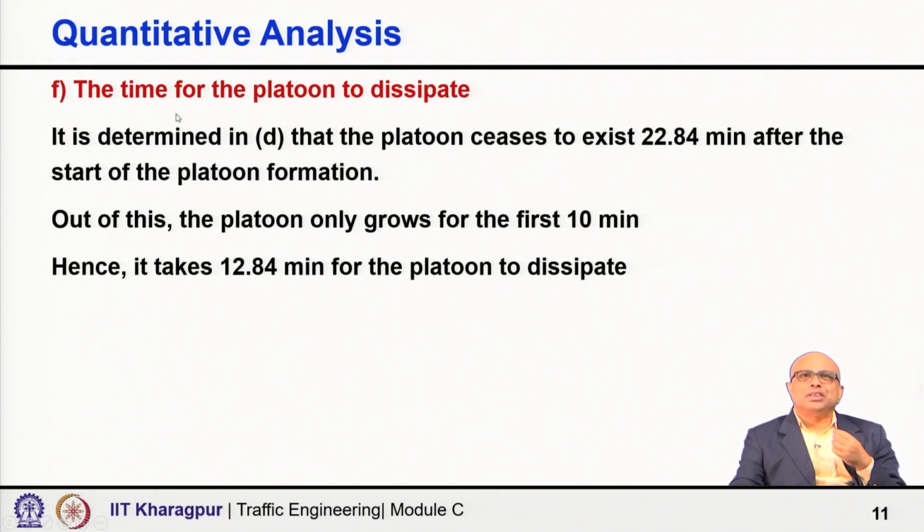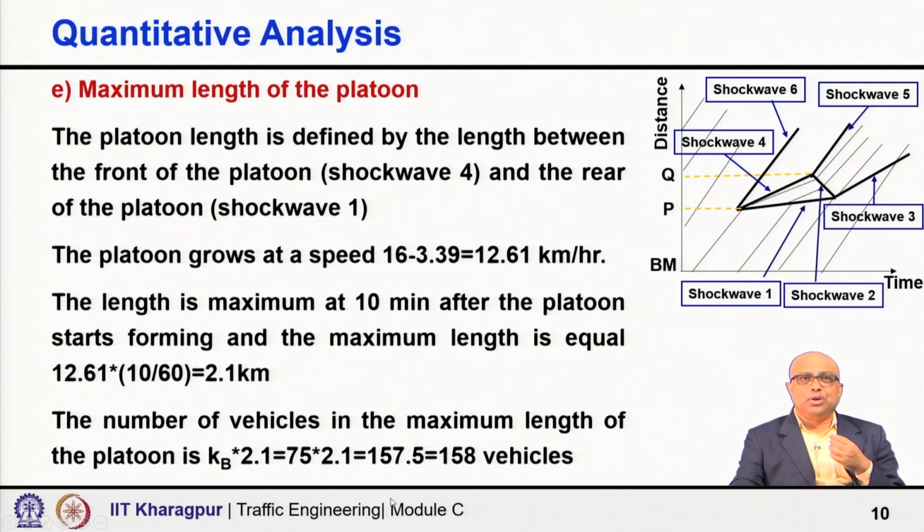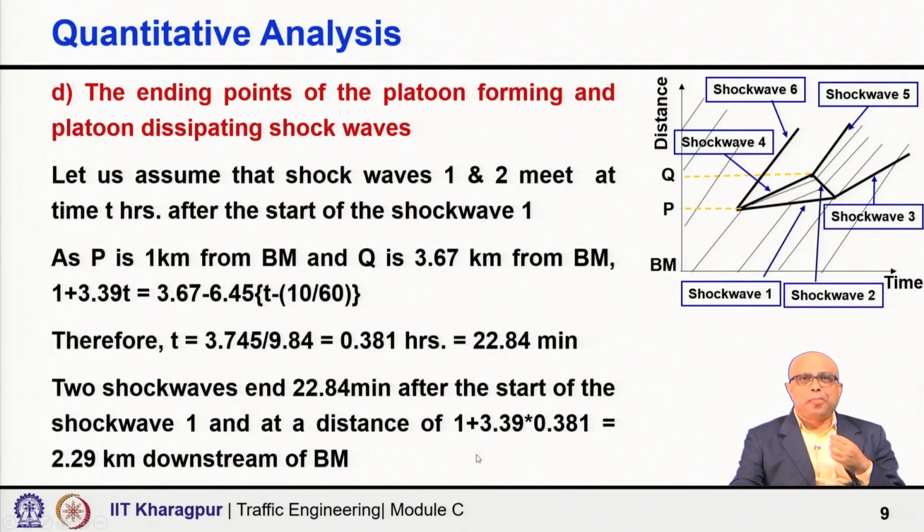Then the last part, the time for the platoon to dissipate. It is determined in D that the platoon ceased to exist 22.84 minutes after the start of the platoon formation. We have got this one already here, that 22.84 minutes, right, after the start of shock wave 1.